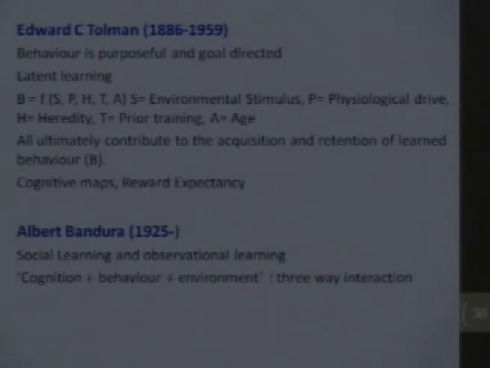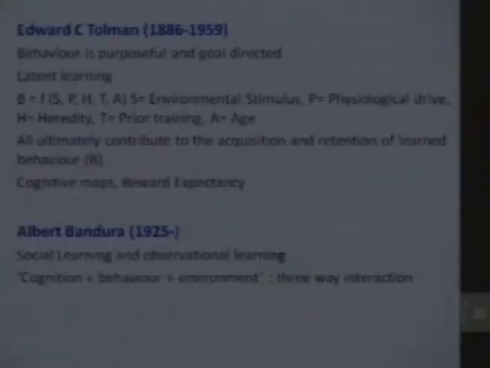The other concepts that Tolman gave were cognitive maps and reward expectancy. When organisms learn, they develop cognitive maps, and reward expectancy is an important concept in the system of Tolman.